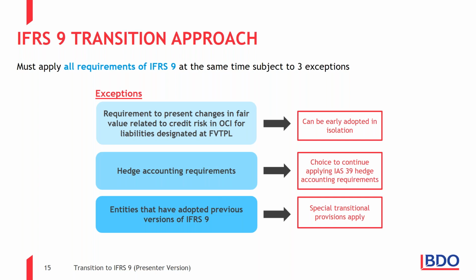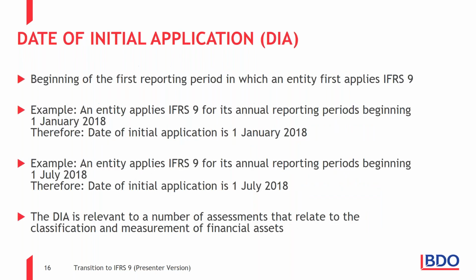So the first parts of IFRS 9 were issued years ago, soon after the global financial crisis. And the last parts around hedge accounting were only issued fairly recently. So it's taken them years to issue the new IFRS 9, and they've issued them in drips and drabs.